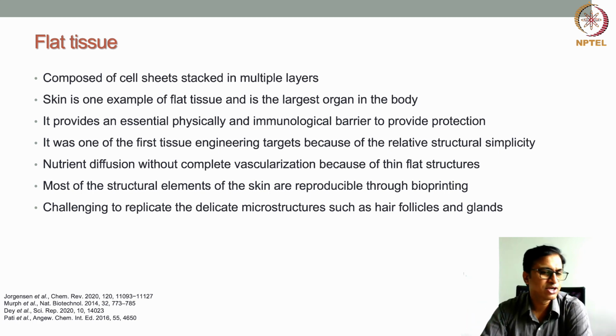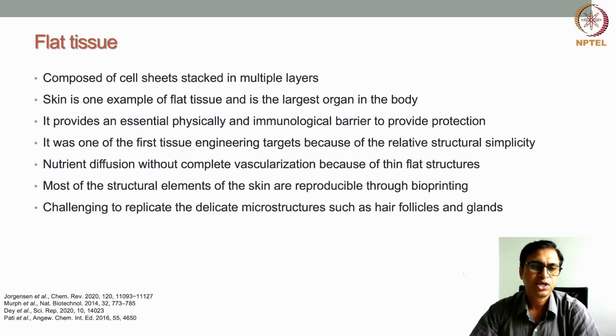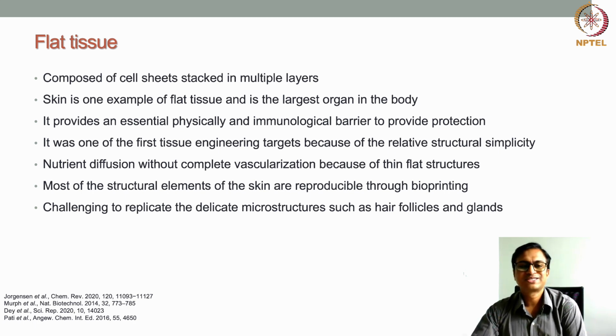Skin is one example of a flat tissue, and it is the largest organ in the body, because if you look, most of the body is covered with skin. That's because skin provides a physical and immunological barrier, so that the body can be protected from the outside environment, right? That is the main function of the skin.